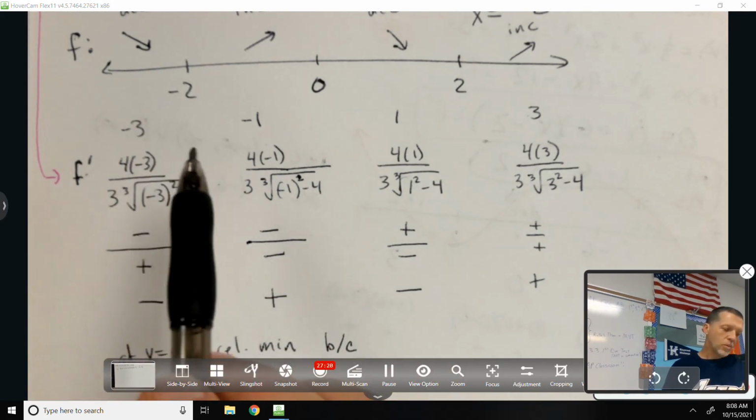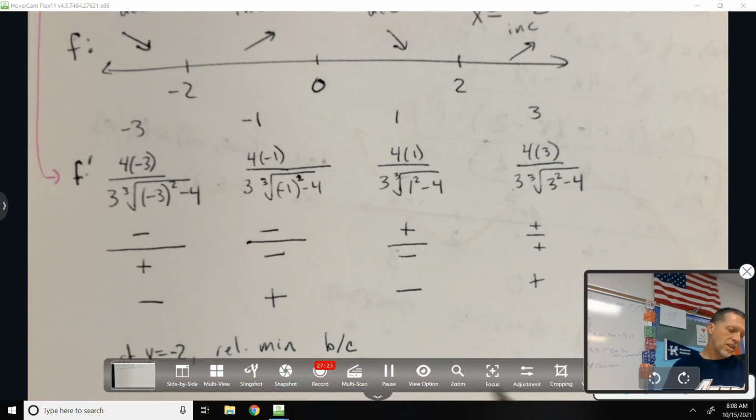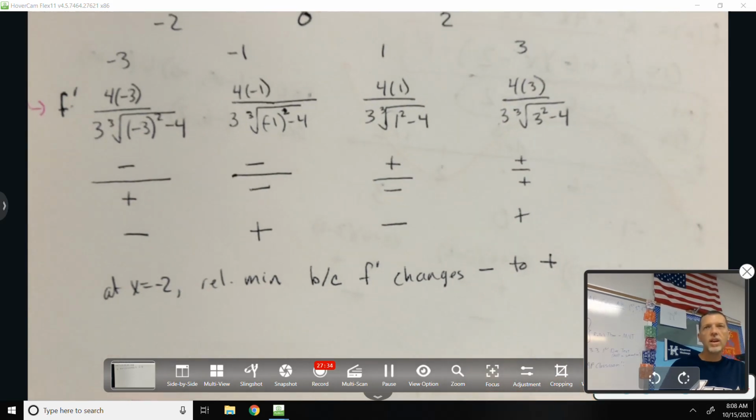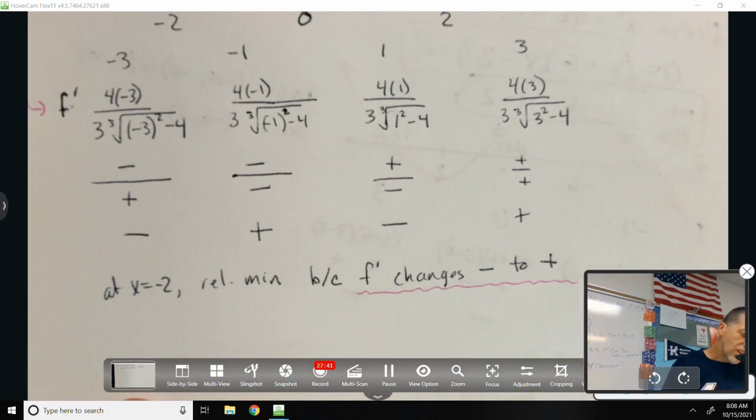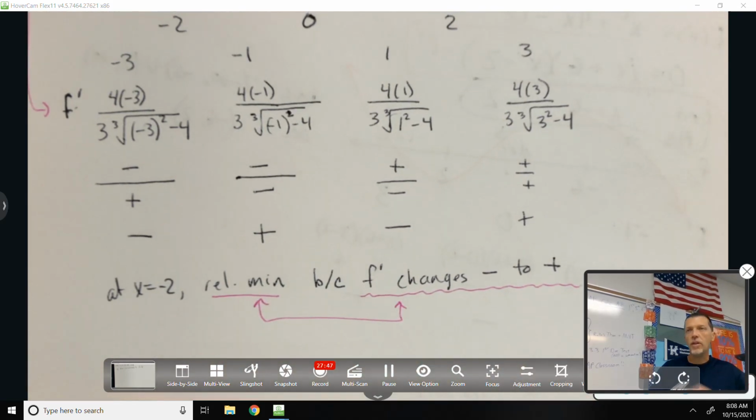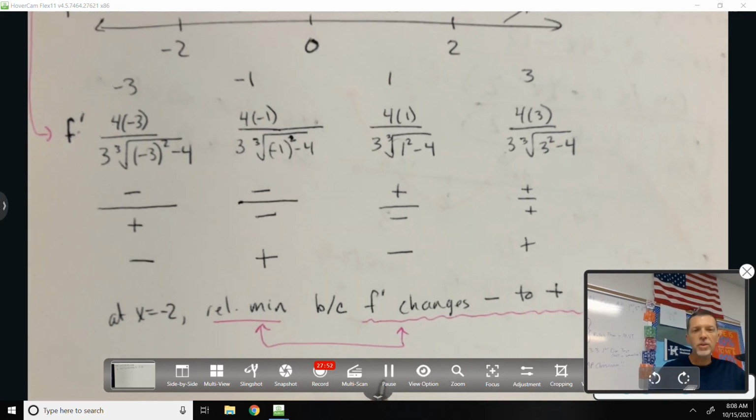The slope, so is that f or f prime? f prime. So f prime changes negative to positive. We're going to use that line a lot. That's our justification for a relative minimum. f prime changes negative to positive. Since we've got it all written out, are there any other places that have a relative min?